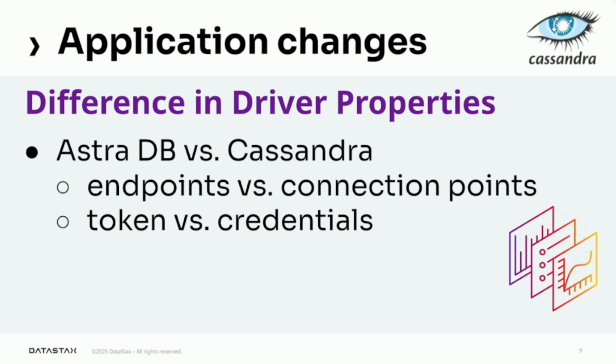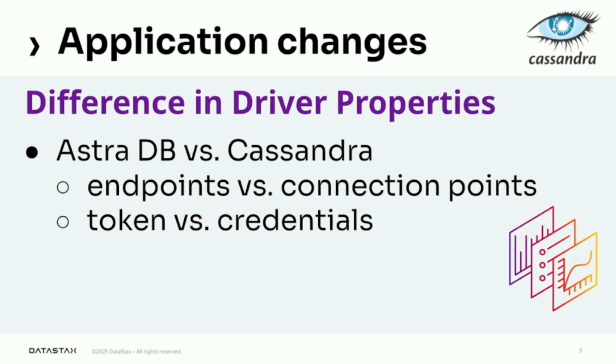As for the application changes, the main difference is in the driver properties. When you look at what it takes to connect to AstraDB versus Apache Cassandra, you have a difference in endpoints and database ID versus contact points in Cassandra. Then you have the concept of a token in AstraDB, and the concept of username and password credentials in Cassandra.